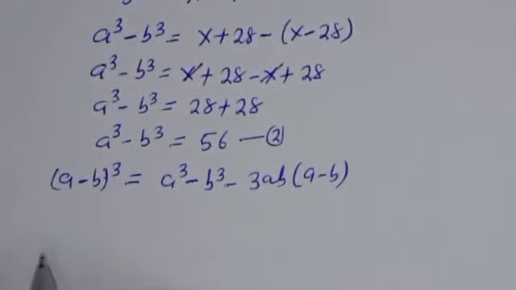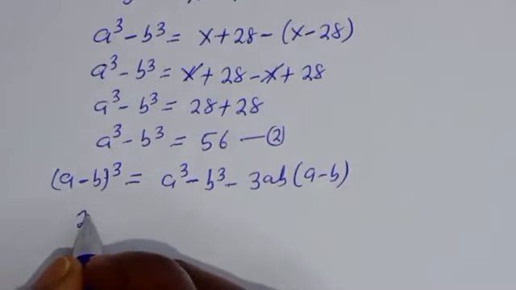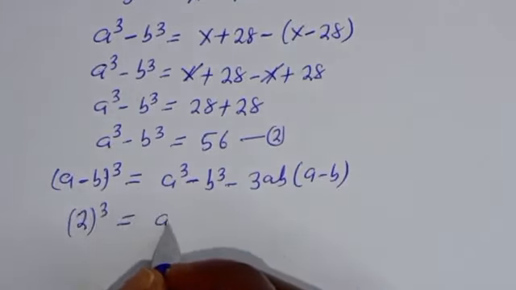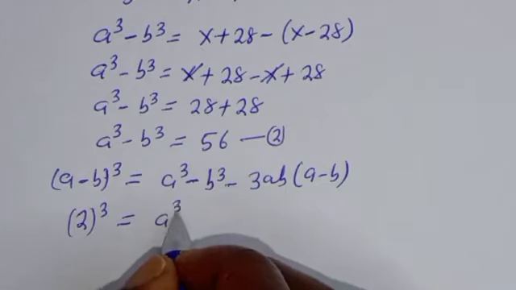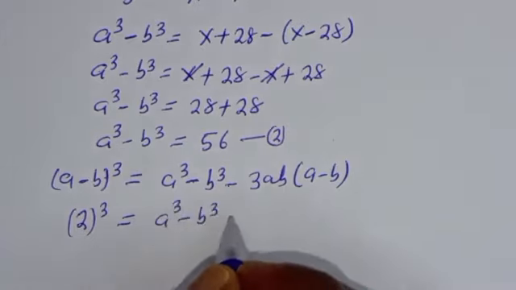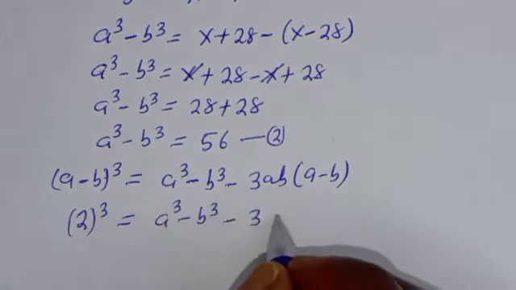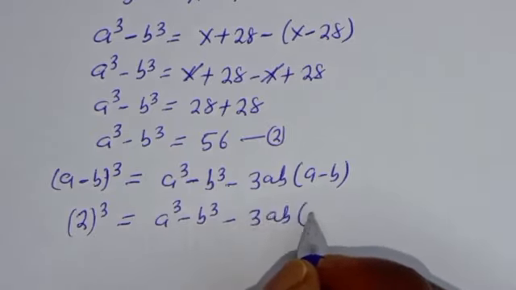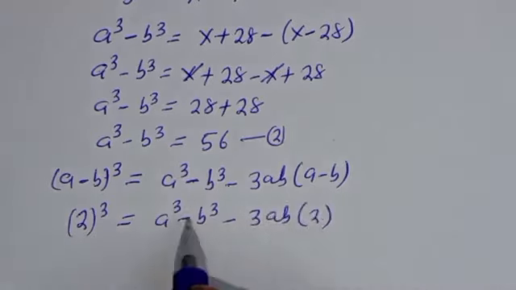Then 2 raised to power 3 is equal to a raised to power 3 minus b raised to power 3 minus 3ab bracket 2.